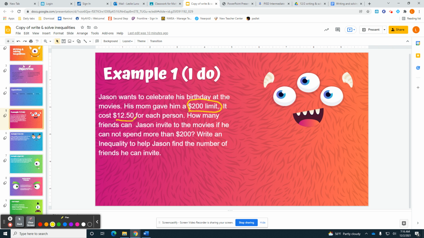It costs $12.50 for each person. How many friends can Jason invite to the movies if he cannot spend more than $200? Then it says write an inequality to help Jason find the number of friends he can invite. So you're writing your inequality.